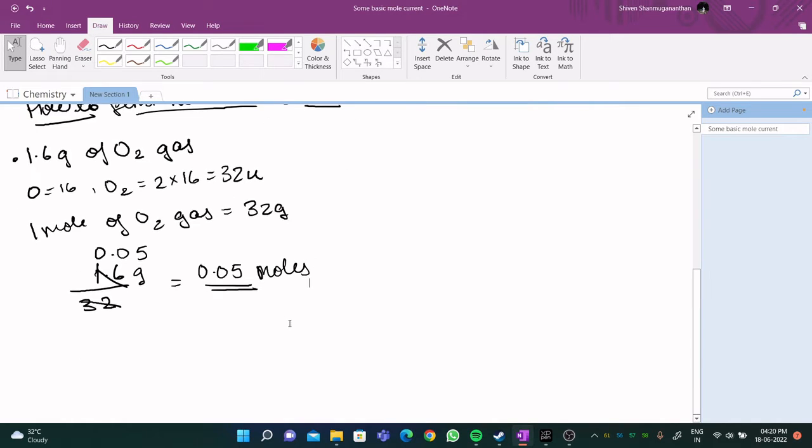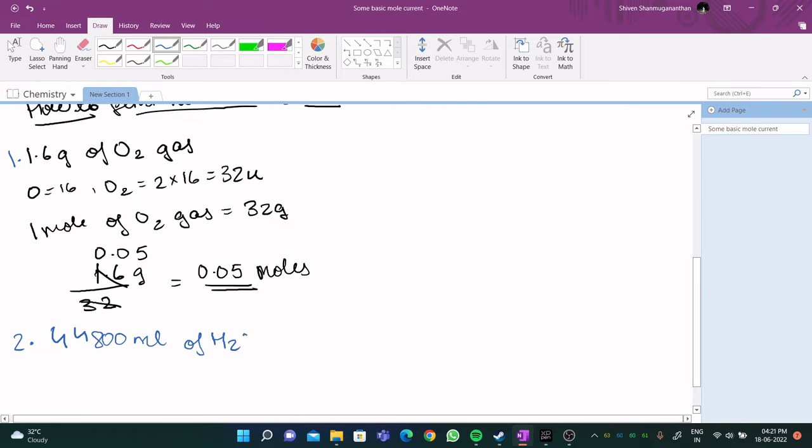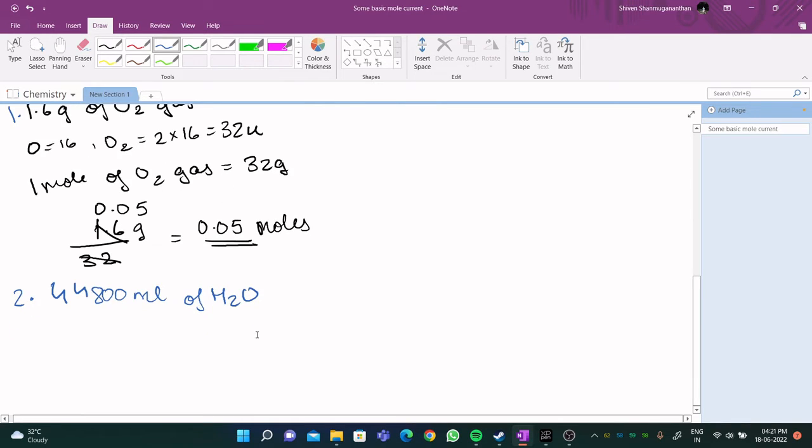Now, I'll take blue again. This was point number 1. Point number 2. What if they give you the volume? For example, we have 44,800 milliliters of water. We have to find how many moles of water there are. So it's simple.